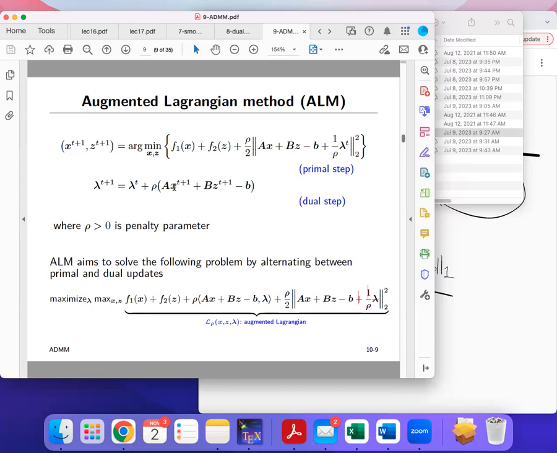In the second step, we are fixing x and z and updating lambda, so it's the dual step. In fact, these two updates can be interpreted as alternating between optimizations of this augmented Lagrangian function.